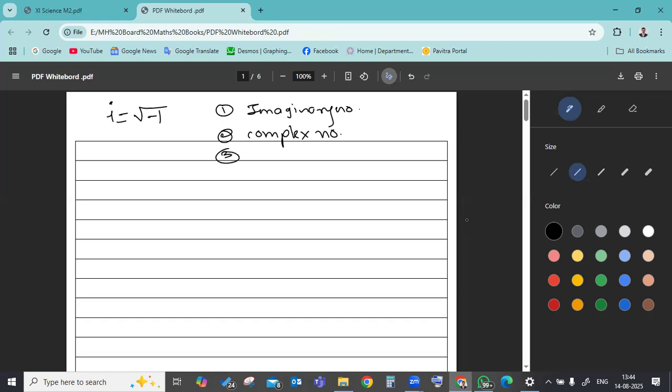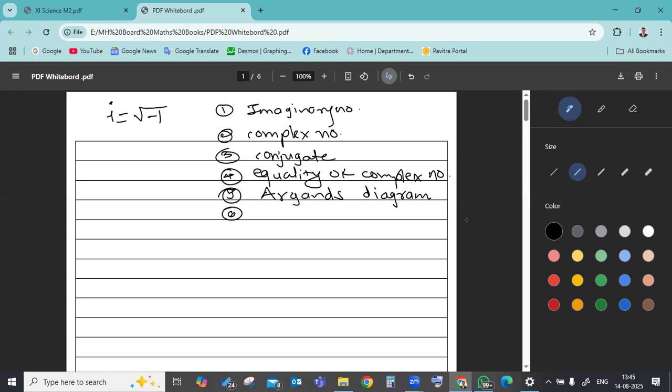Then third, complex conjugate, fourth, equality of complex numbers, fifth point, Argand's diagram, right? Have you seen this yesterday? Argand's diagram? Yes. Okay, what is Argand's diagram?